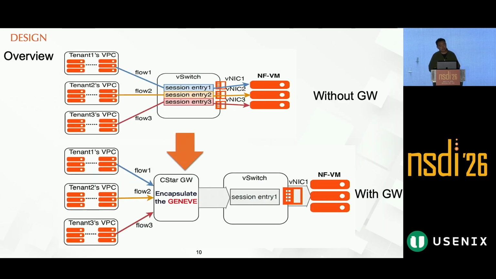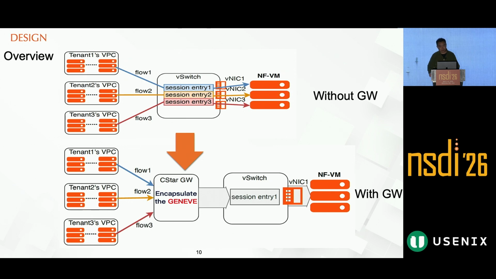To address these issues, we propose a minimally invasive solution: introduce a Tofino-based stateless gateway, the CStar Gateway, between tenant VMs and NF VMs. Comparing the architecture before and after deployment: previously, each NF VM required multiple VNICs, the switch had to maintain a large number of session entries, and complex ECMP consistent hashing was needed.